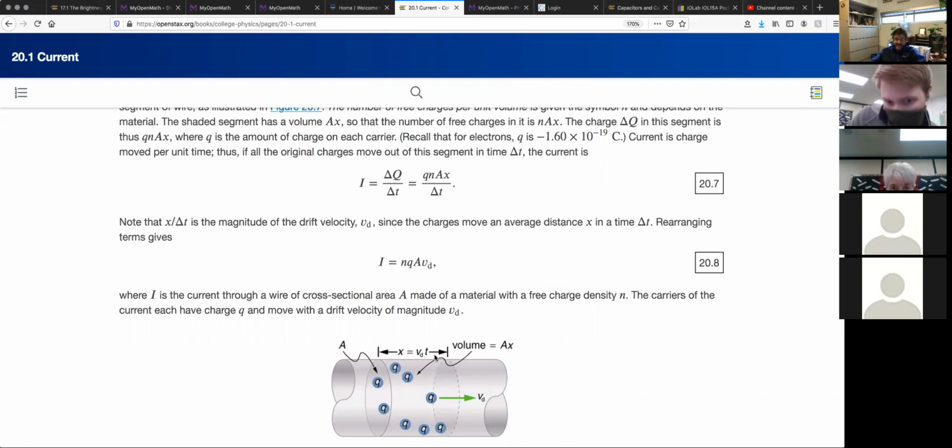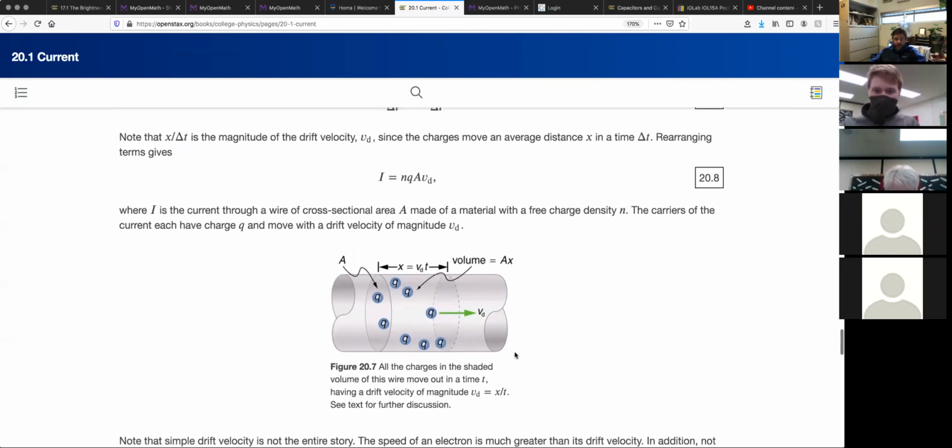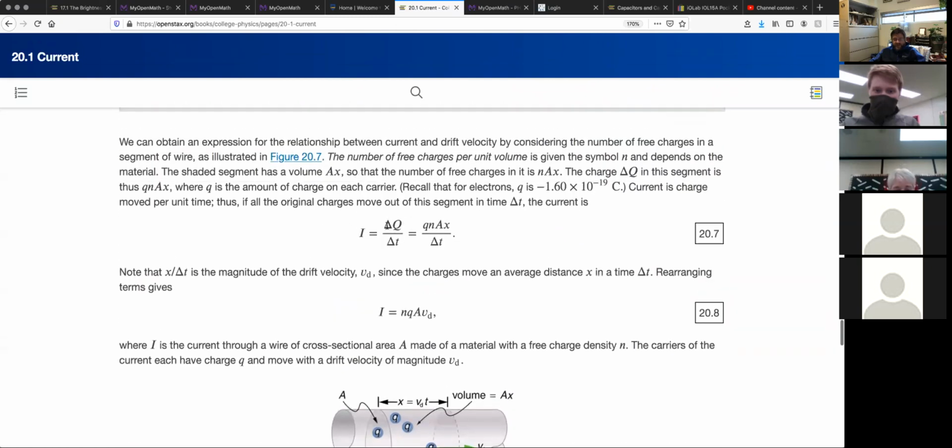And so that's a distance now. And if you multiply that distance by the cross-sectional area, you get the volume of this cylinder here. And that volume can be used to calculate how much charge is in there. And that change in charge is now A times x times the number of charges in that volume times the amount of charge per charge in that volume.